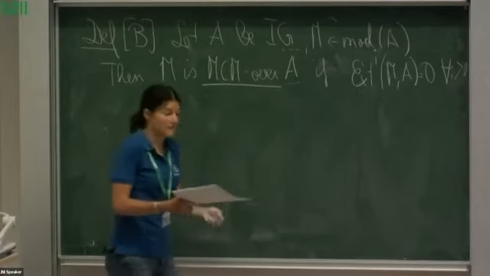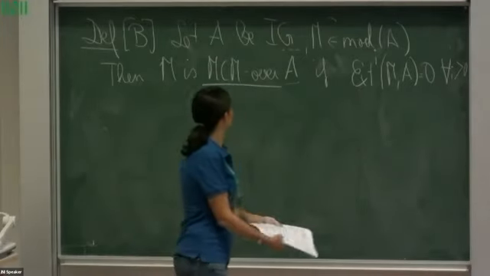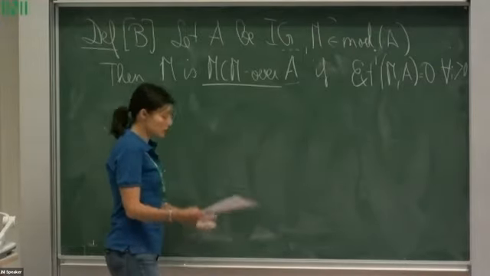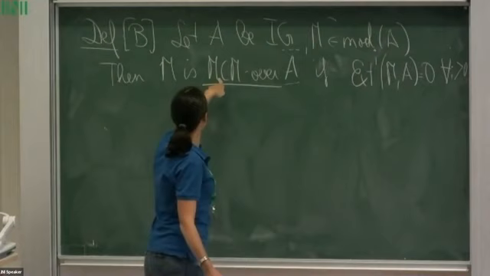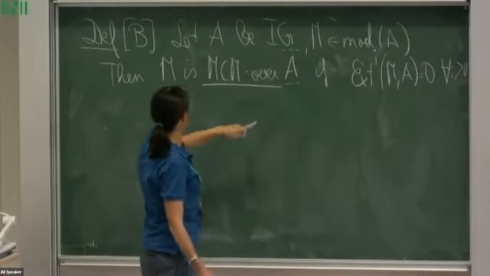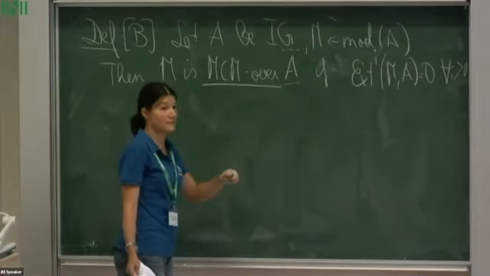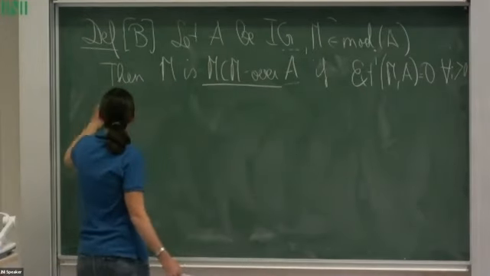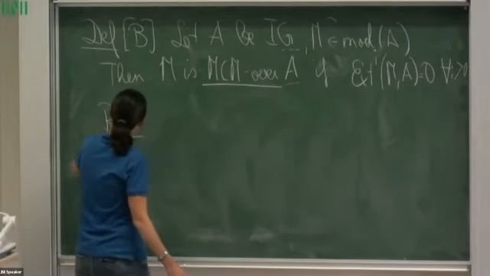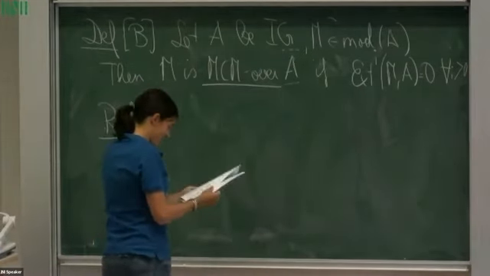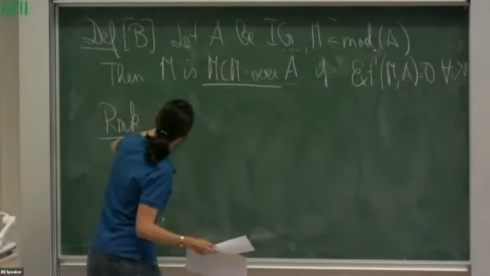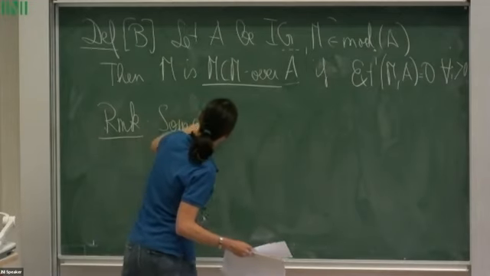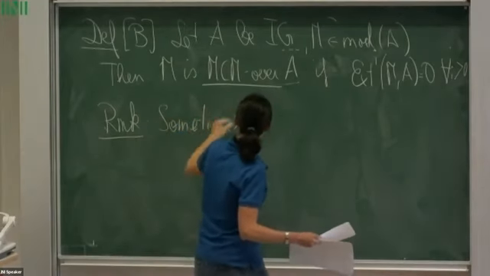But lately there is more work on this, and so this MCM condition has been studied under various different names, namely, sometimes this is called totally reflexive, especially in the commutative algebra literature.